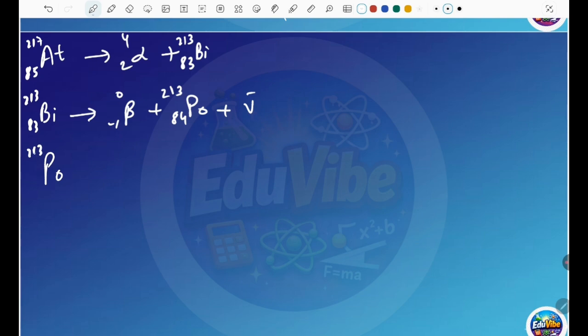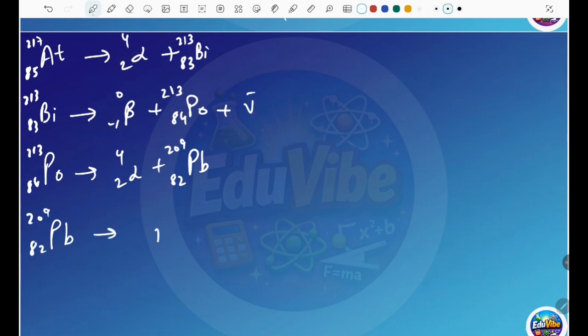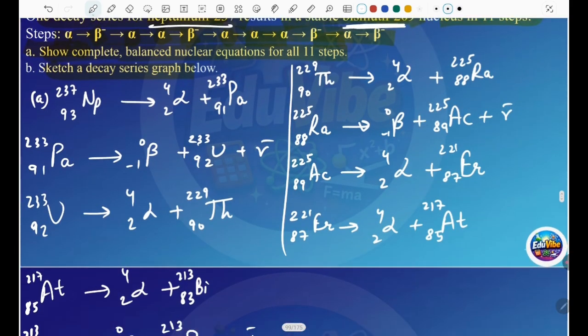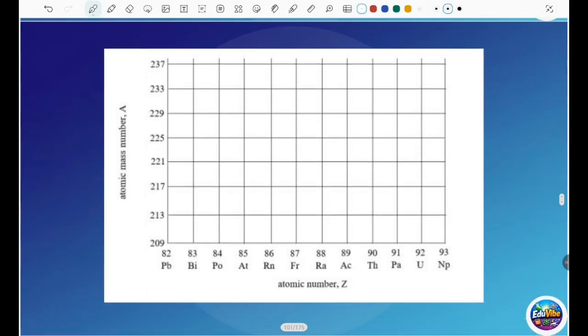Then this thing, which is 213, 84, goes to alpha decay again, and you will get Pb-209, 82. Lastly, they go into alpha decay, beta negative decay, and you will get a Bi-209, 83 plus antineutrino. So that's the 11 steps, and from those 11 steps, now we have to make this graph.